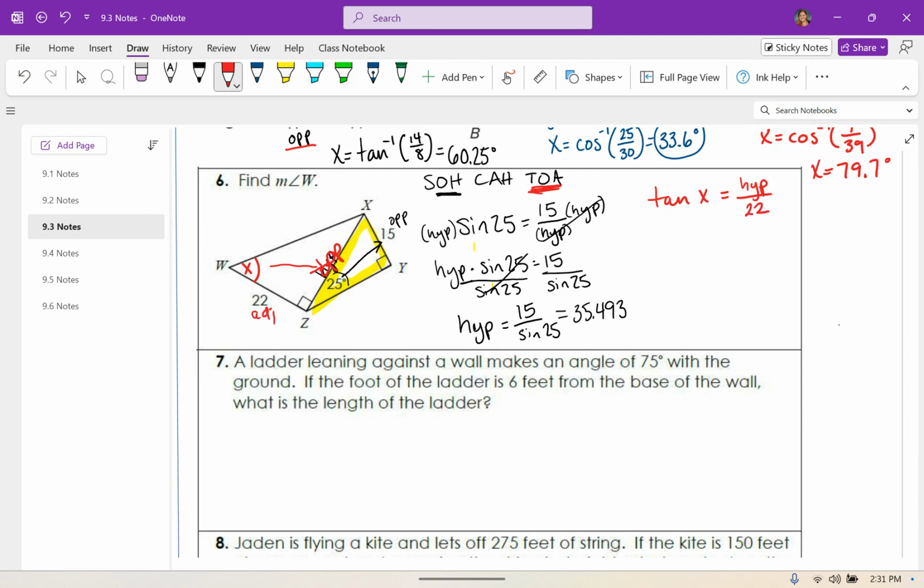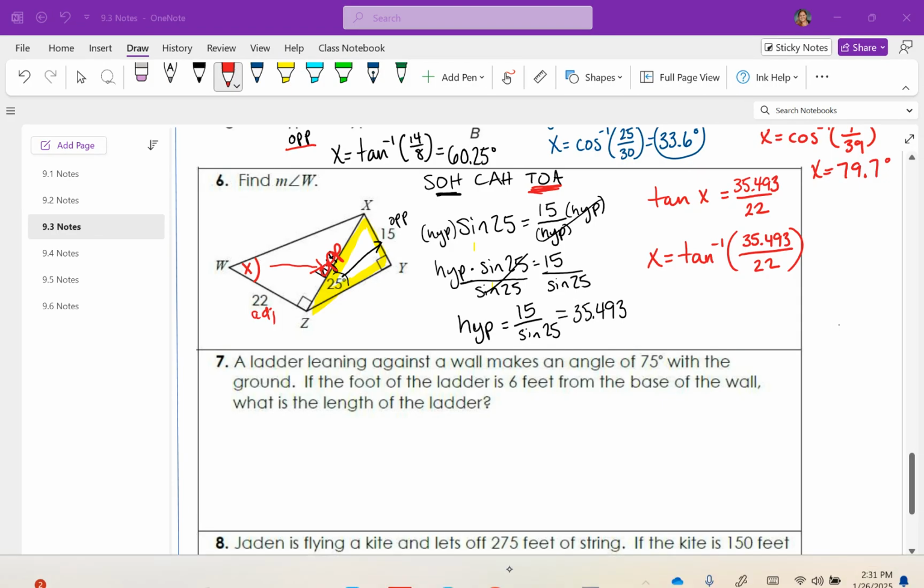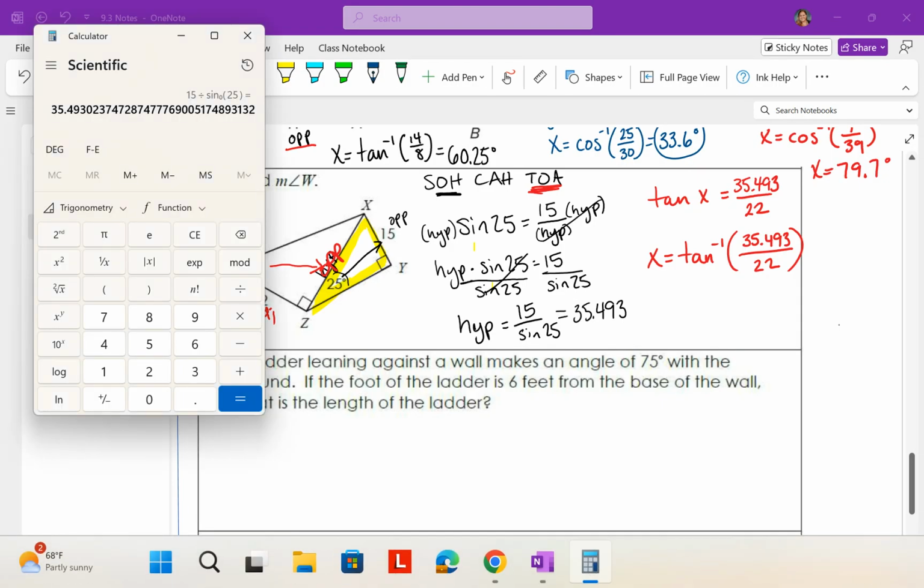Okay, so if you need to, I can erase hypotenuse and put this 35.493 divided by 22. So x equals inverse tangent of 35.493 over 22. I left that number on my calculator for a reason, because I didn't want to round.